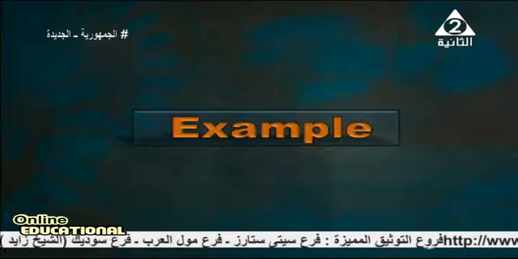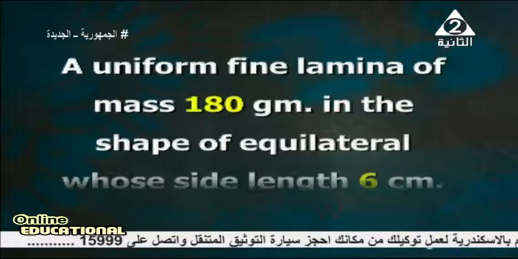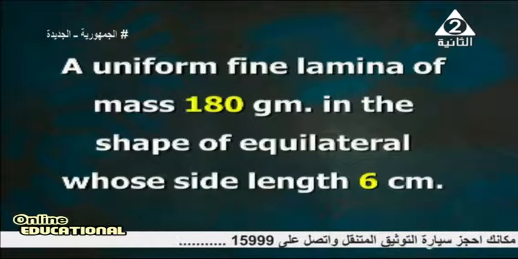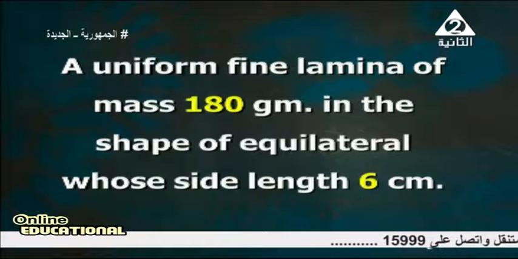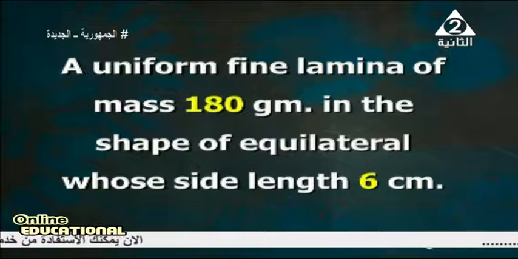My dear student, look at another example. Now, my dear student, let's translate to an important example. A uniform fine lamina of mass 180 gram in the shape of an equilateral triangle, side length 6 centimeter.